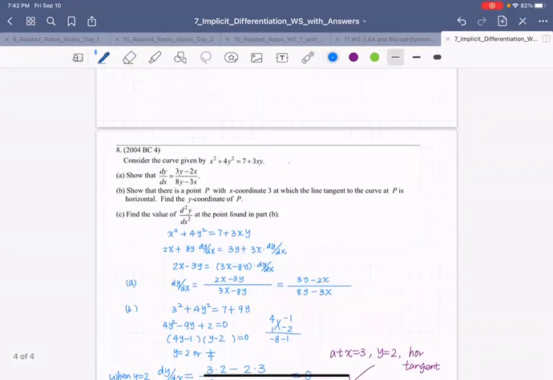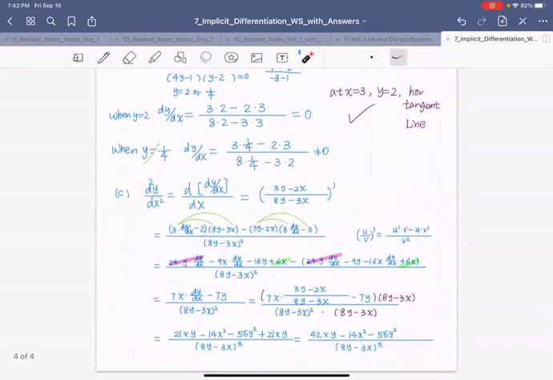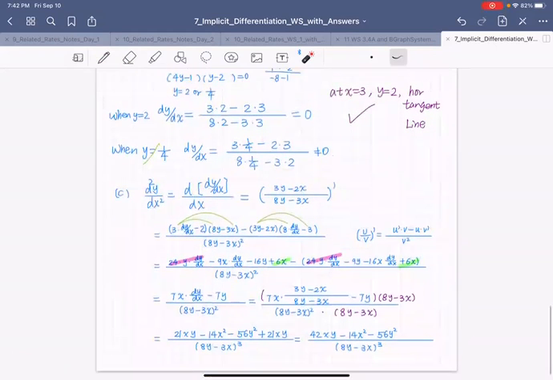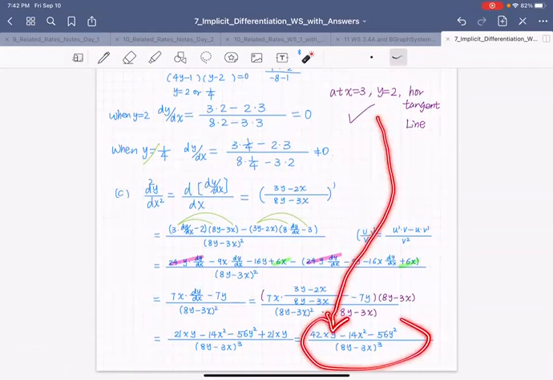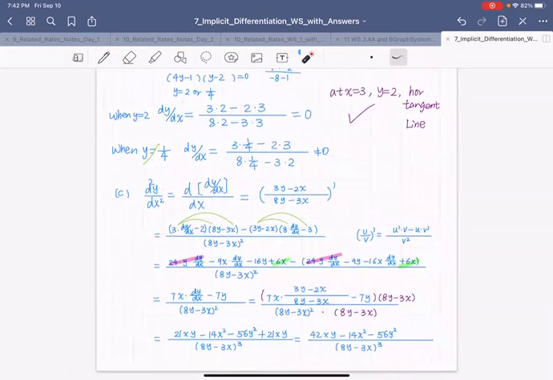If they ask us the value, what's the value, we can plug in. The value we find here is x equals 3, y equals 2, and then we can plug in x equals 3, y equals 2 to find out this expression's value, okay? Does this make sense now? Yes.